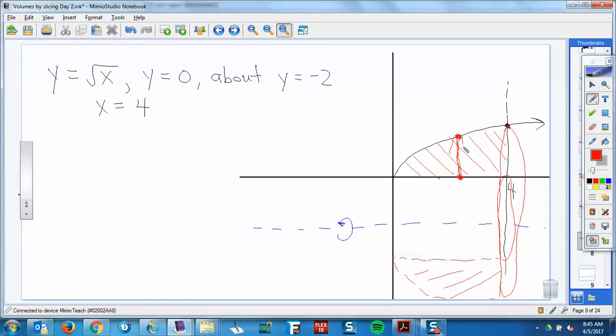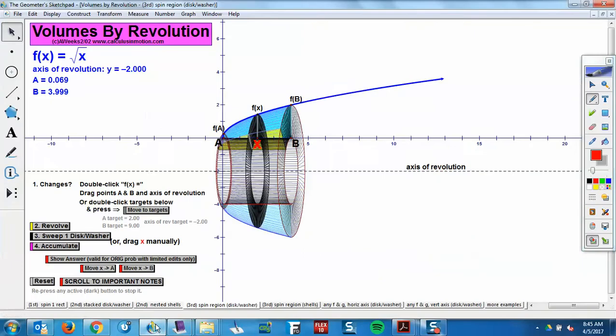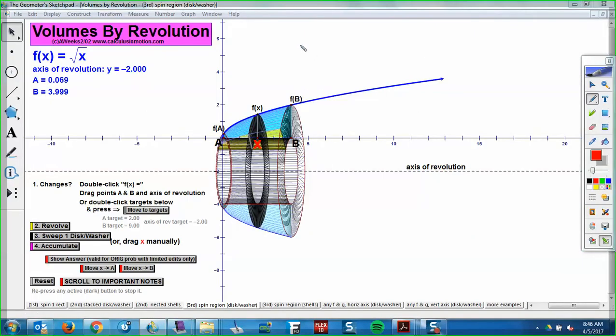And what is a slice? Isn't that the slice? Like that? What do we call that? A washer. This is a washer, or a donut, or a ring. I'm going to call it washer most of the time.